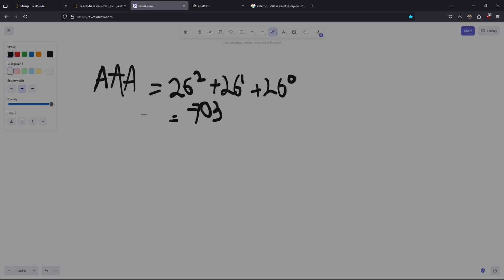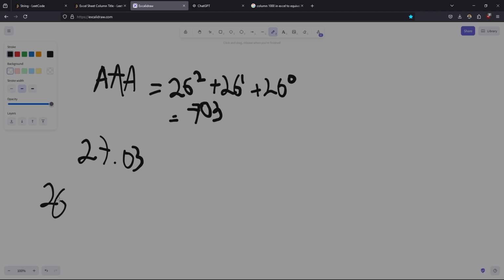Okay, so when I divide 703 by 26, we get 27.03, which means we can multiply 26 27 times, then we will get closer to 703.